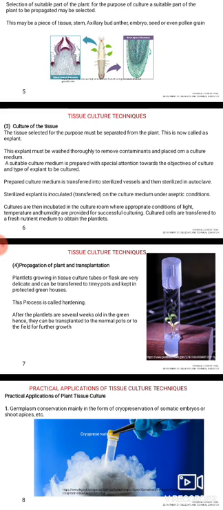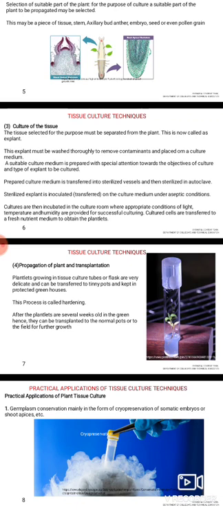The tissue selected for the purpose must be separated from the plant, and this portion is now known as an explant. This explant is surface sterilized. That is, it is washed thoroughly to remove the contaminants and later placed on a culture medium.